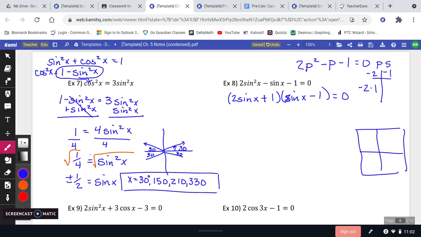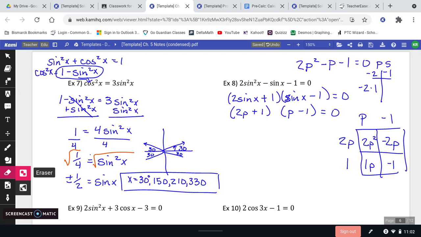In my box, I would have 2p squared, a minus 2p, a 1p, and a -1. So 2p here, 1 here, p, and -1. Then this is 2p plus 1 and p minus 1. Then you can just go back and substitute a sine x in for that p. However you want to do that is fine.